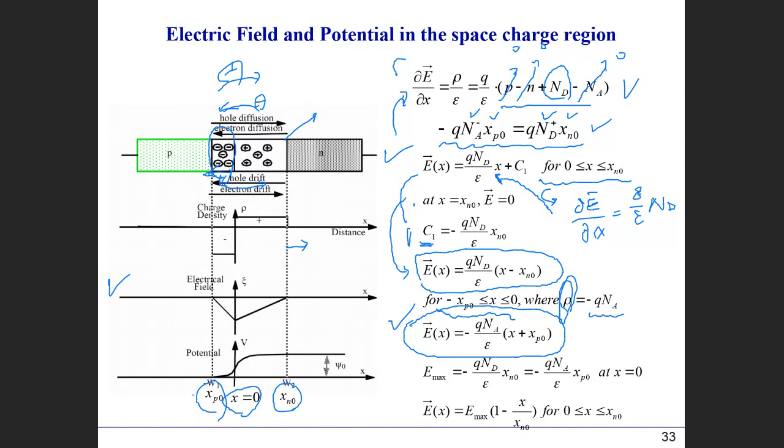Would it be correct to say that this particular example is an N-type PN junction? This one is a PN junction, right? This is the PN junction. Okay, got it, thanks.